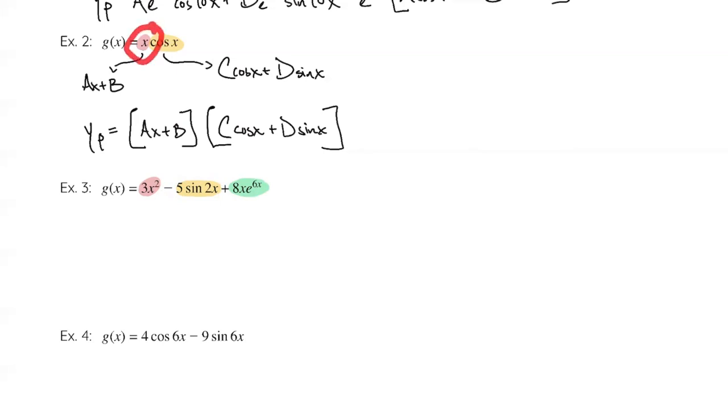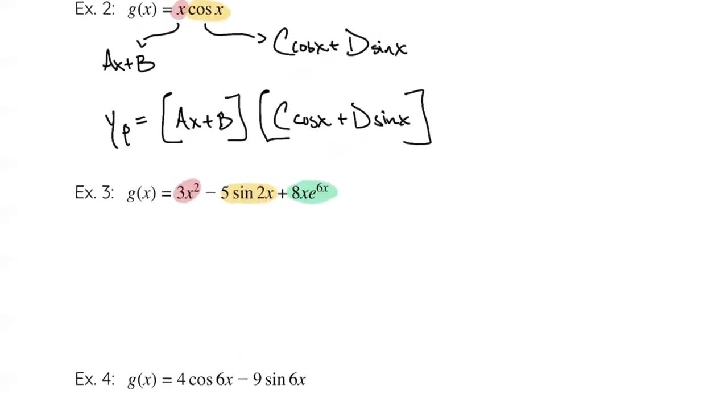But if the general form of that solution is ax plus b, what do you think the general form of 3x squared solution is going to be? Good, good, good.